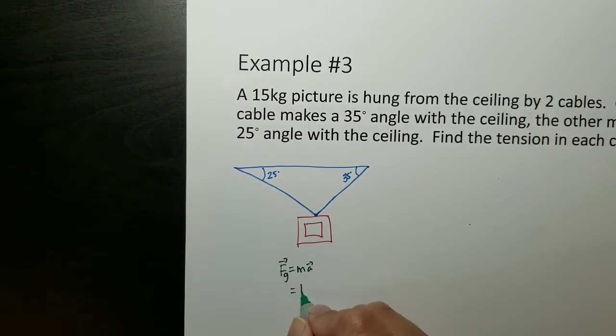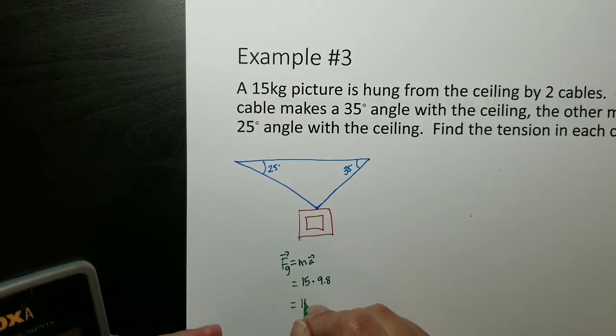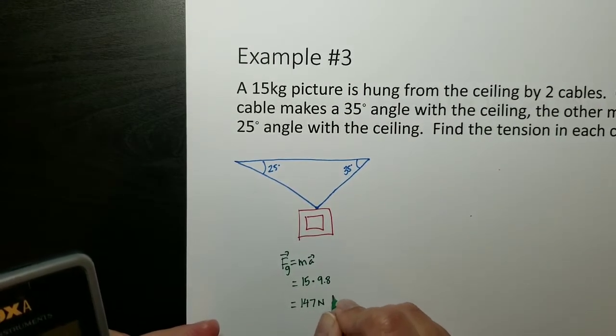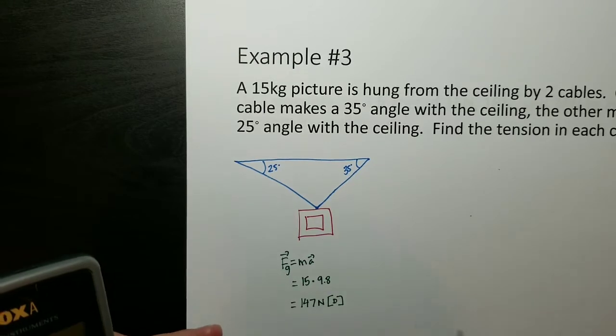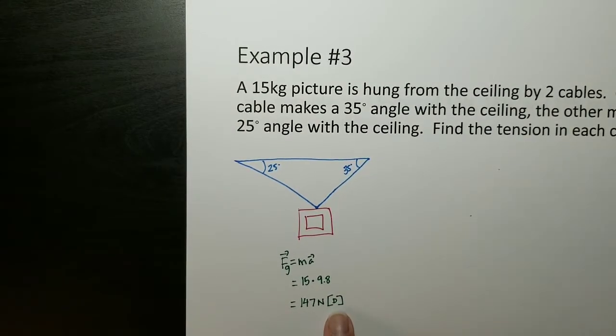And we know that the mass is 15 kilograms times 9.8. So we can figure out what the force of gravity is. And that comes to 147 newtons. And that is always down. I'm just using a D, but you could write the word down there too.